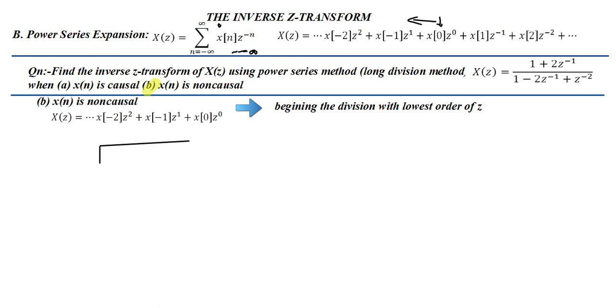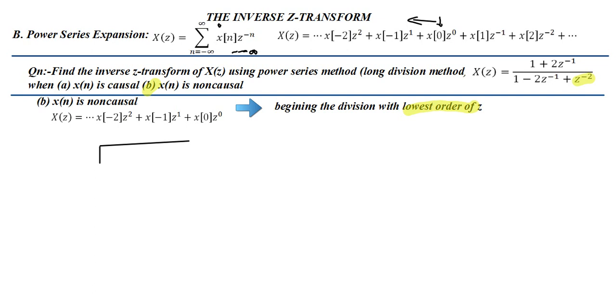In the previous case we divided by using the highest order. Now we need to use the lowest order, which means we need to divide with z raised to minus 2. So I need to rearrange this equation to solve.